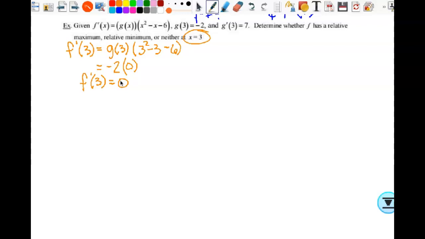So we're halfway there because x equals 3, that is either a relative max or min because this is 0. Agree with that? Okay. So then we are going to find the second derivative. So go ahead and find the second derivative. What rule are you going to need to use?